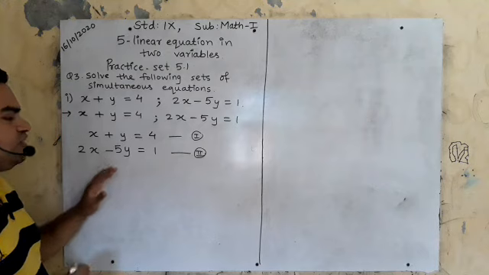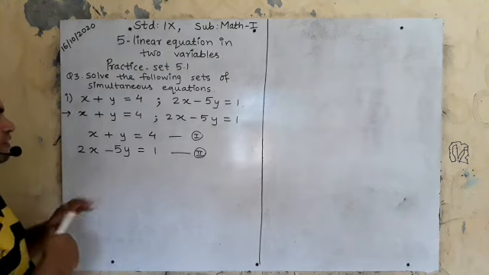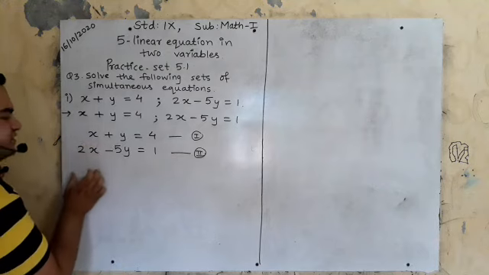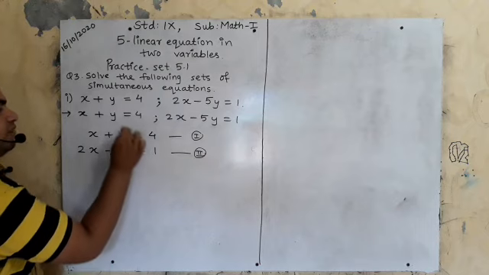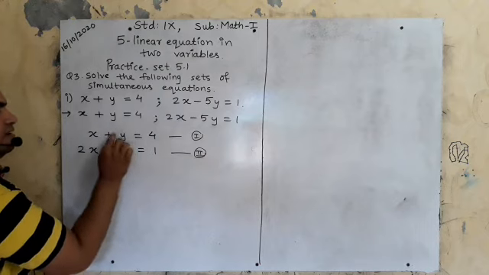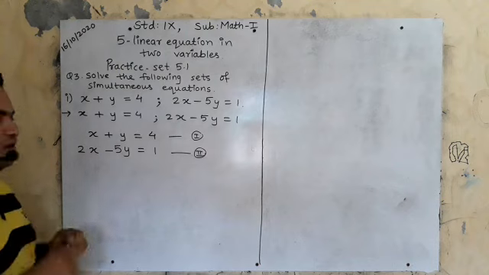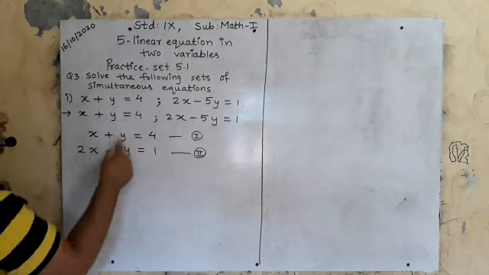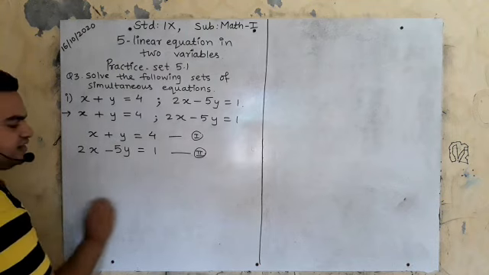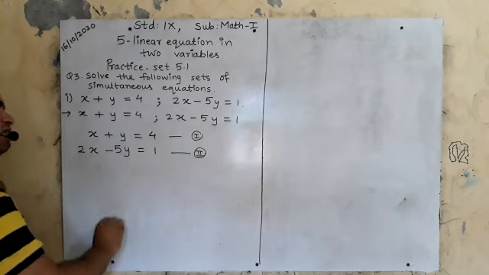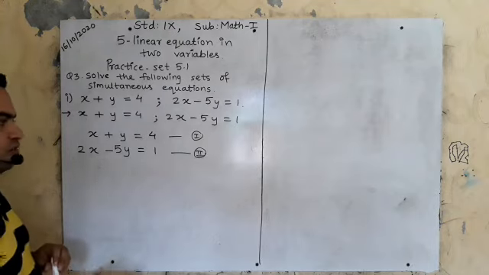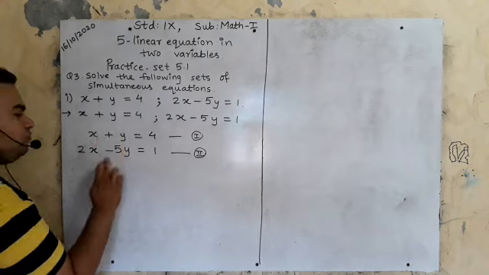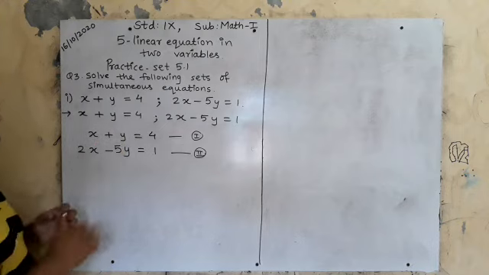But what I always do is first find x, and I always make the y coefficients equal to cut y, so that we will find out the x value and then the y value. So I focus on y.